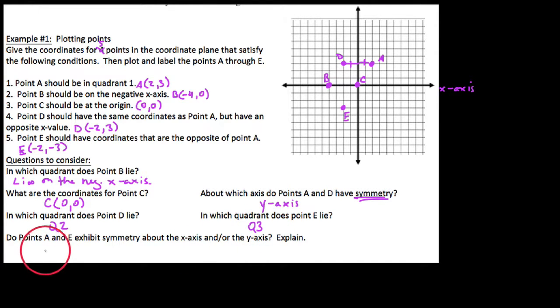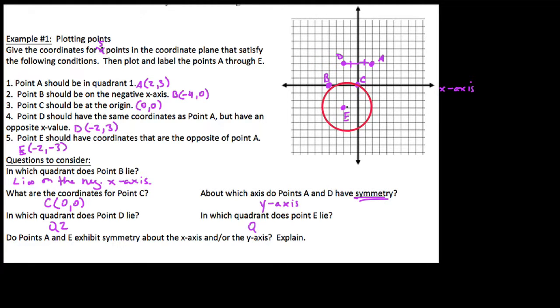And then for the last part here, we say, do points A and E exhibit symmetry about the x-axis or the y-axis? Now, A and E, these are these 2 points here and here. If they had x-axis symmetry, then it would have popped the A value down here 3 units below the x-axis. Or if it would have had x-axis symmetry, E would have popped up here where D is sitting right here.